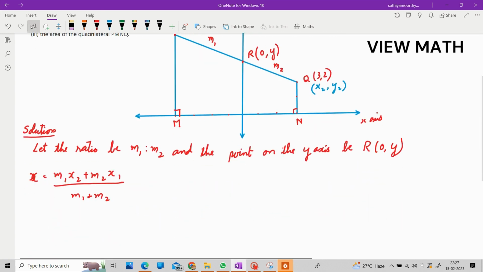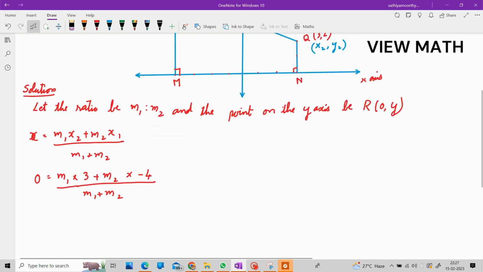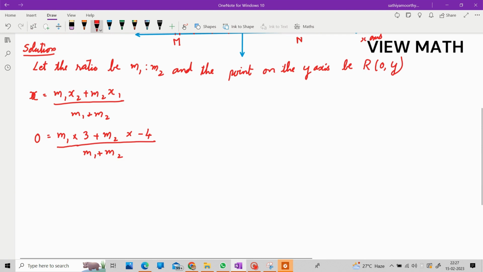So 0 is equal to m1 times x2 value 3, plus m2 times x1 value minus 4, divided by m1 plus m2. If I take m1 plus m2 to the left-hand side it becomes 0. So 0 is equal to 3m1 minus 4m2.